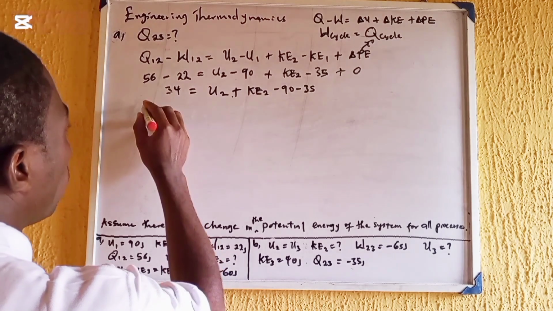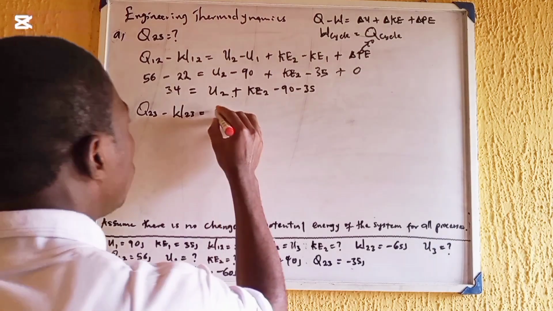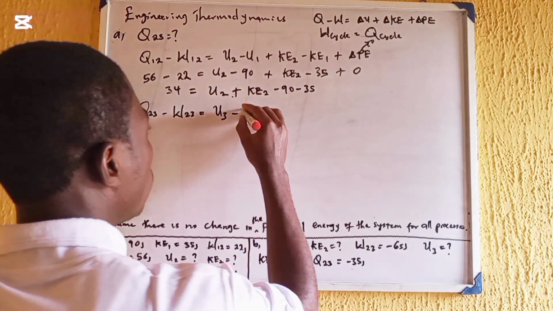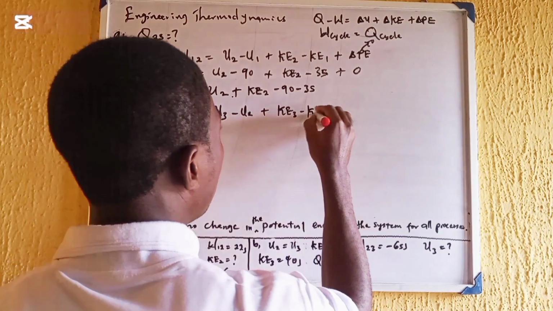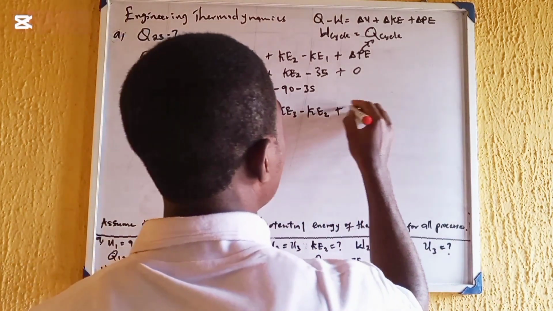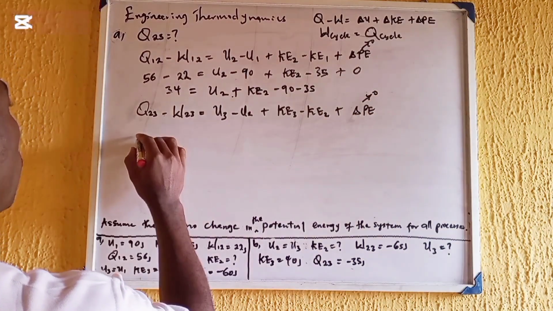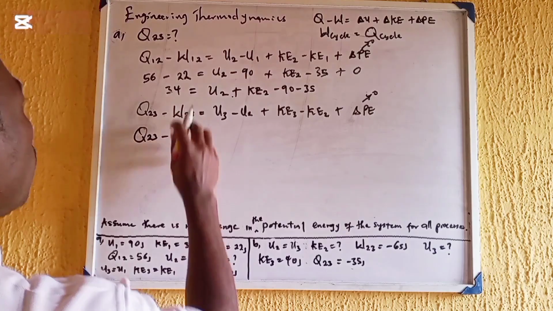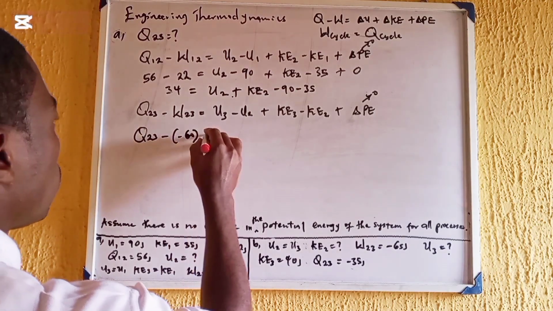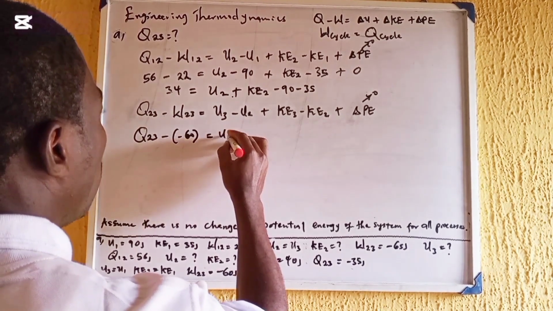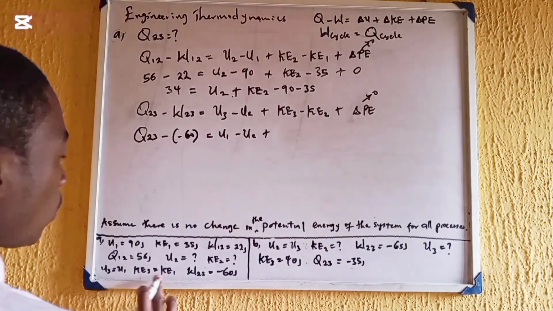Now for the next process, we'll be having Q23 minus W23 equal to U3 minus U2 plus KE3 minus KE2 plus change in PE. This guy is still 0. So we don't know the value of Q23. Then we're having work 23 to be minus 60. U3 is equal to U1, then minus U2, plus KE3 is also equal to KE1.